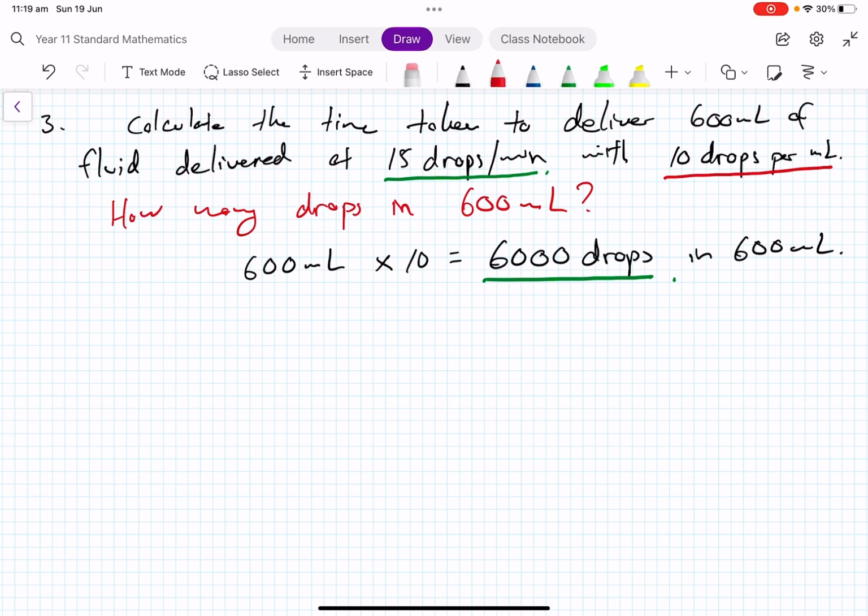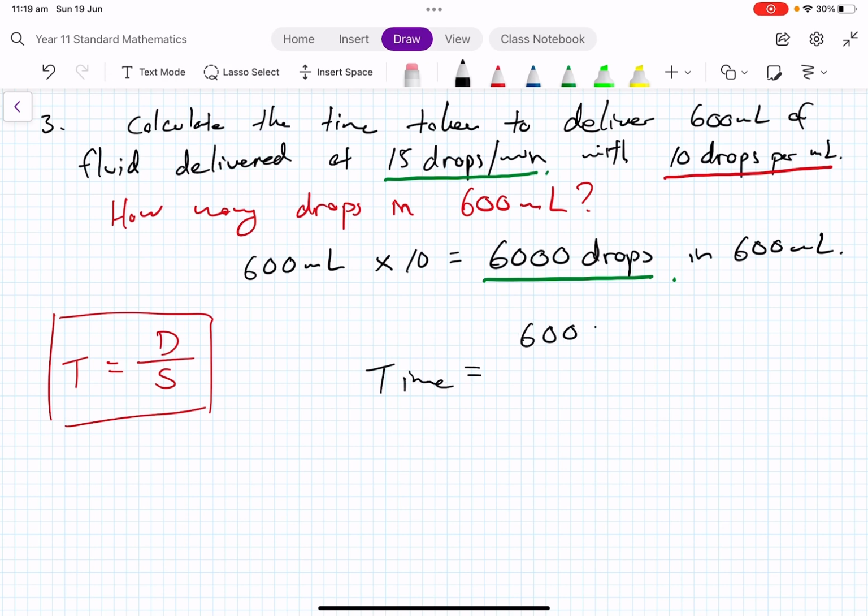So time is equal to distance over speed, right? Therefore t, the time, is equal to 6,000 drops over 15 drops per minute. And that's going to give you 400. Let's double check that.